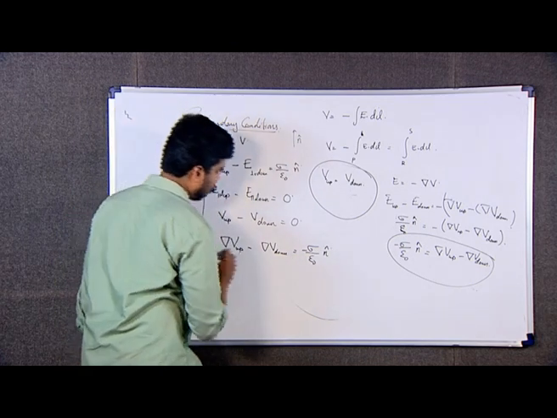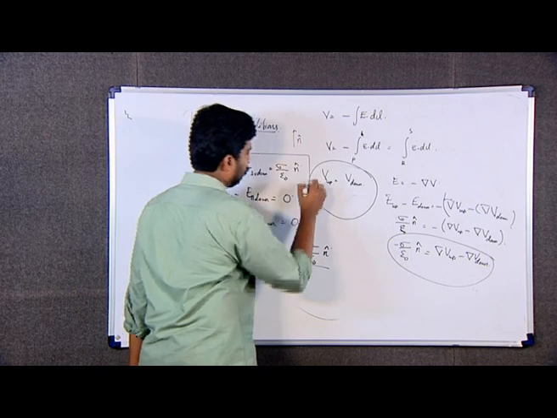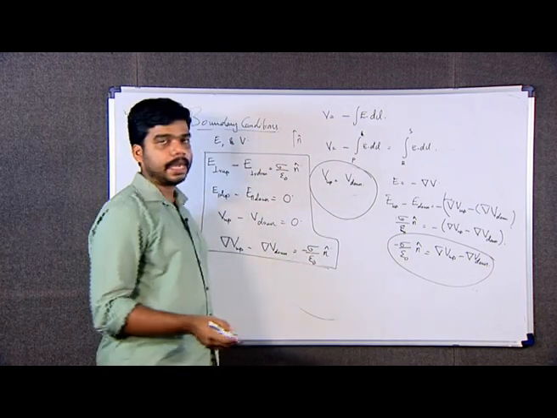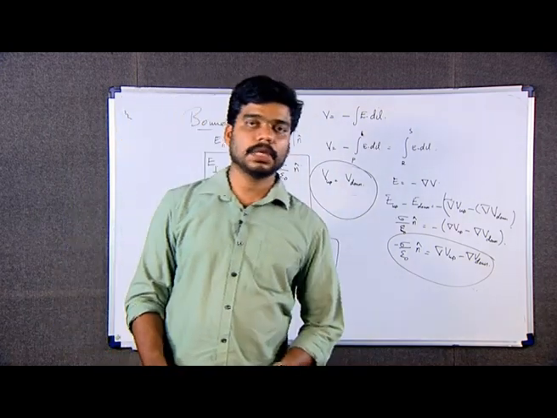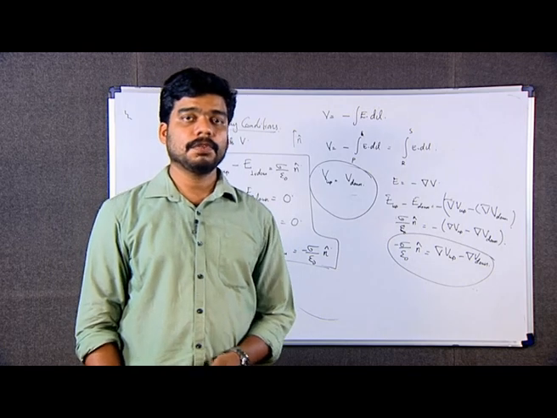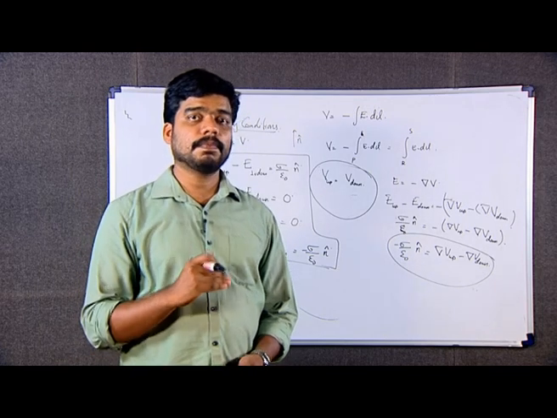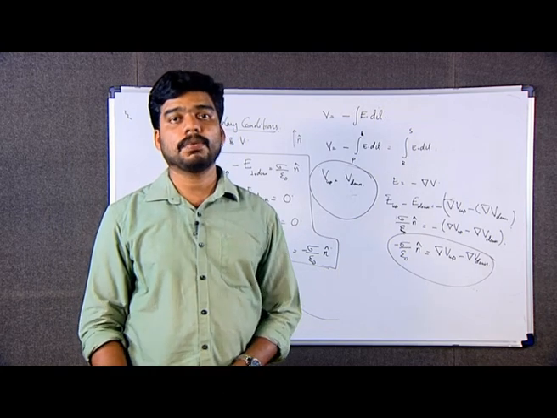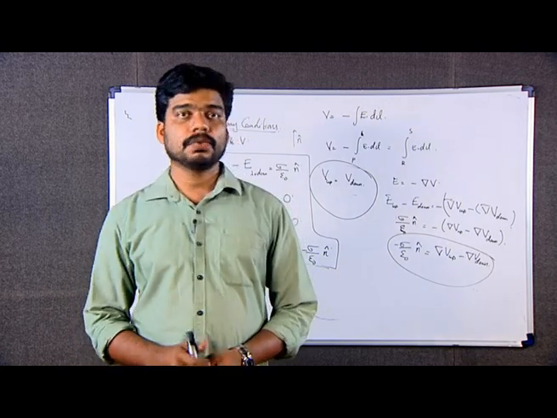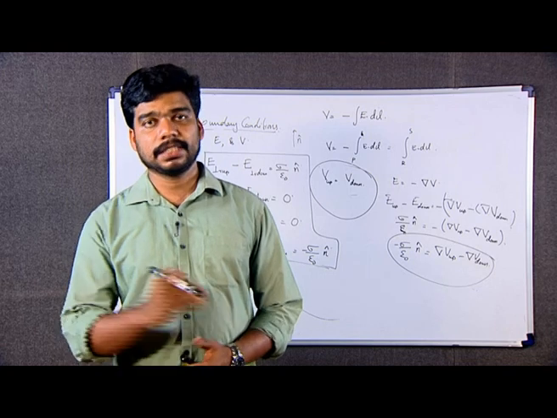These are the boundary conditions for E and V, which will give you the variation of E when it passes through a boundary.